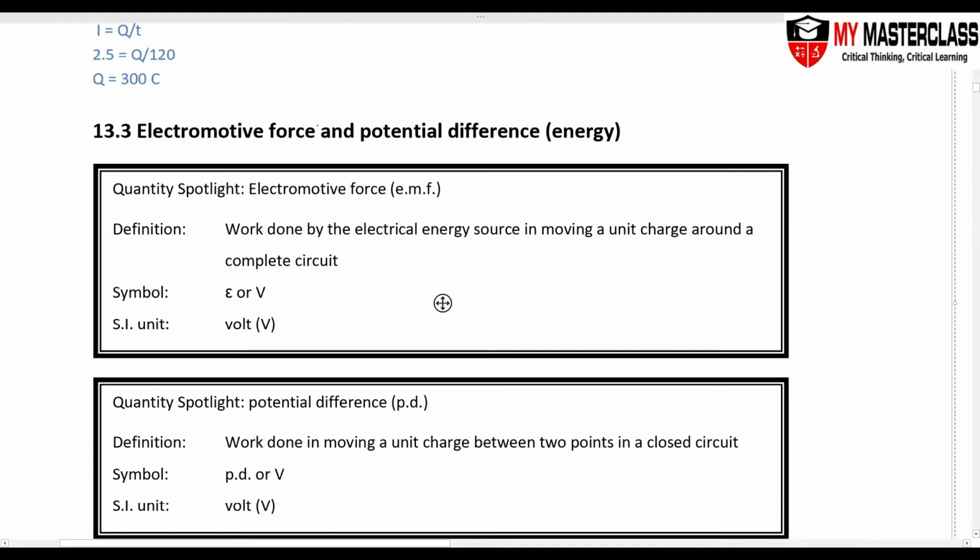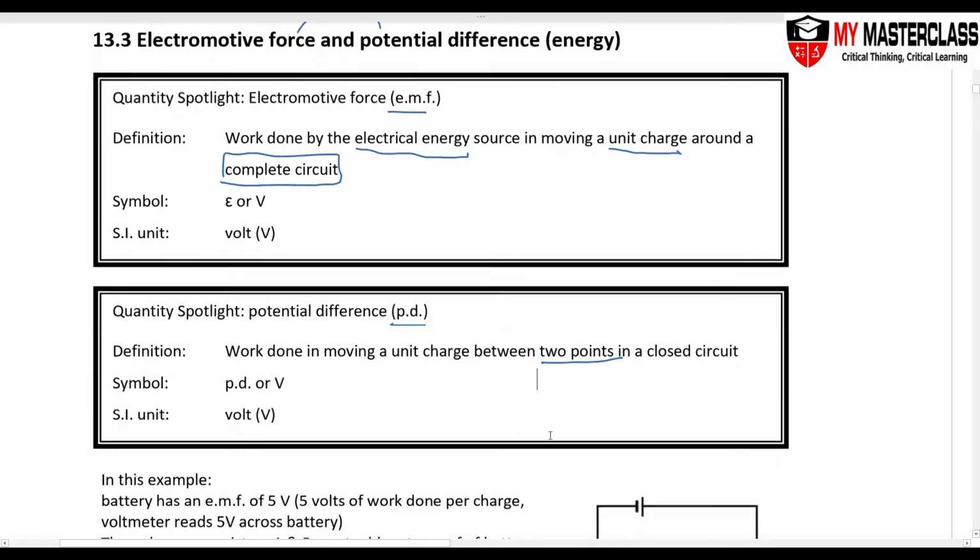Both of these are examples of voltage. The main difference between EMF and potential difference, PD, is that EMF is the work done by an electrical energy source to move a unit charge around a complete circuit, while potential difference is the work done in moving that unit charge between 2 points.